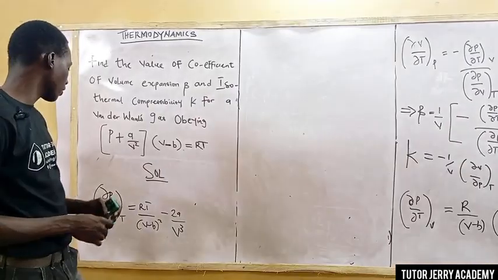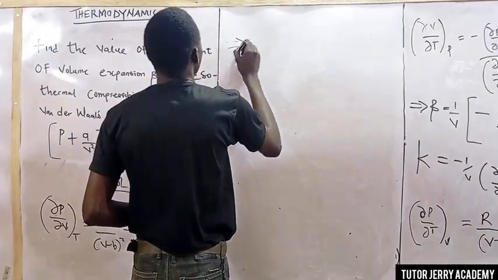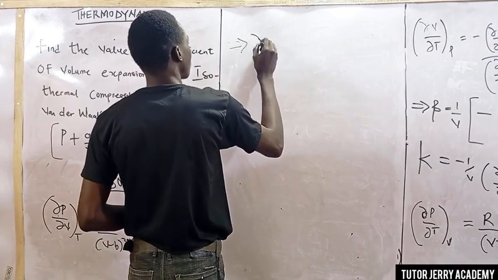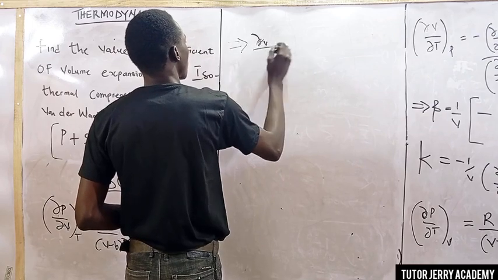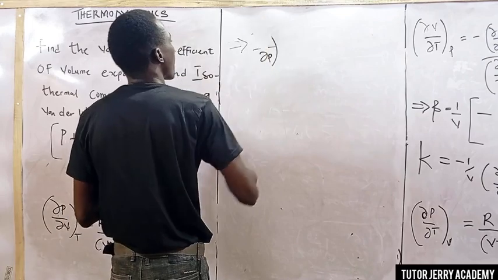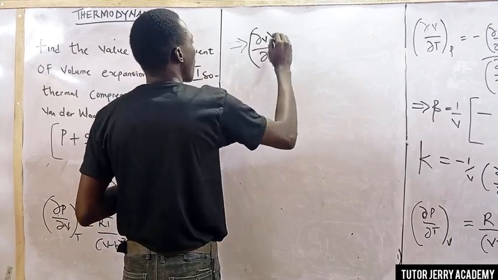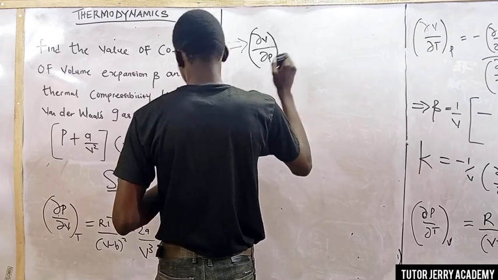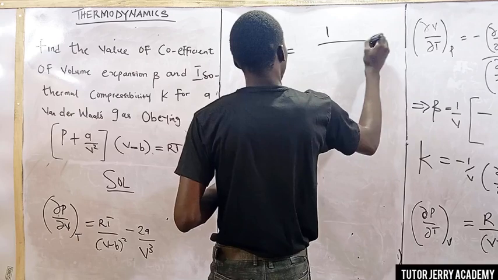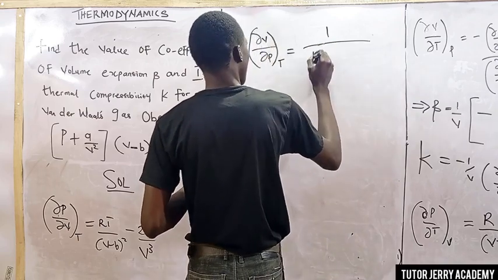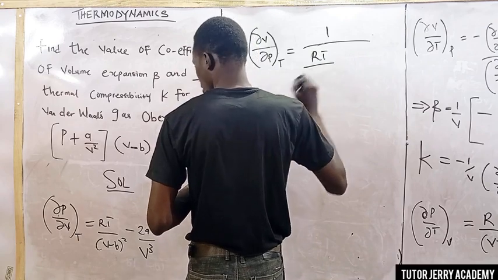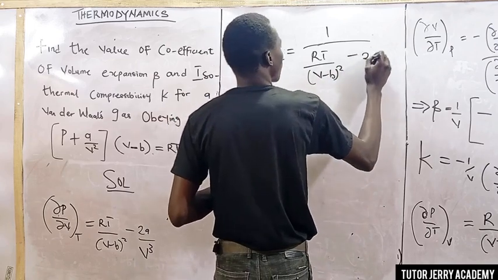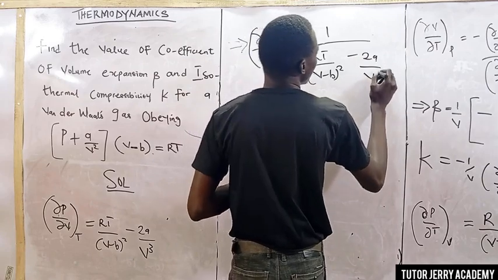If we take the inverse, it implies that the partial of V over P, keeping T constant, will be equal to 1 over RT over (V minus b) all squared, minus 2a over V cubed.